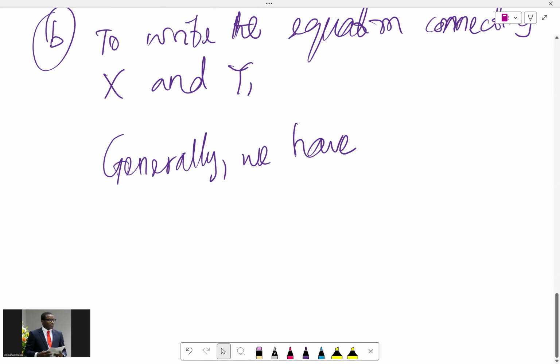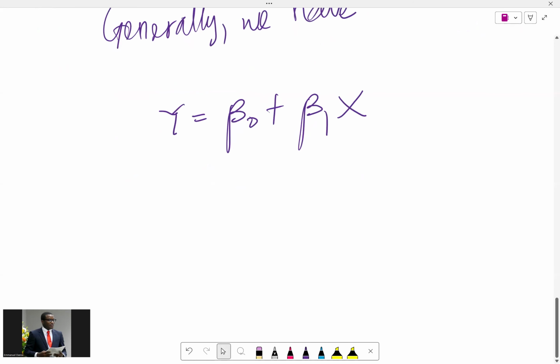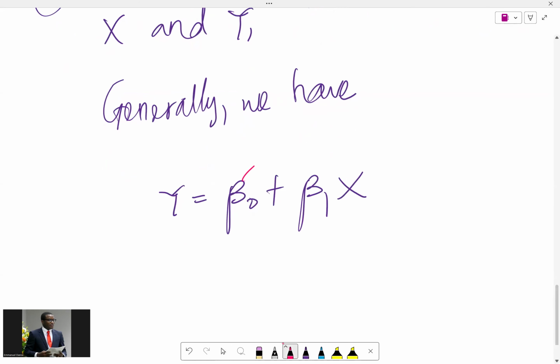I can say Y is equal to beta naught plus beta 1 X. Then beta 1 now has a special formula. Beta naught is actually the intercept, and beta 1 is the slope.